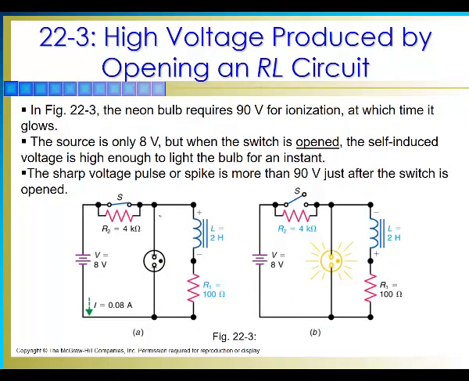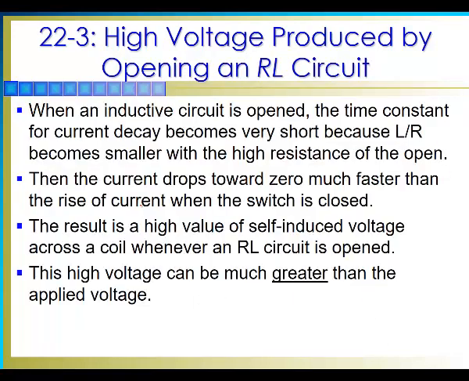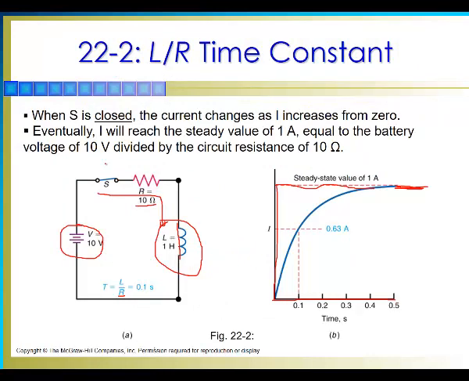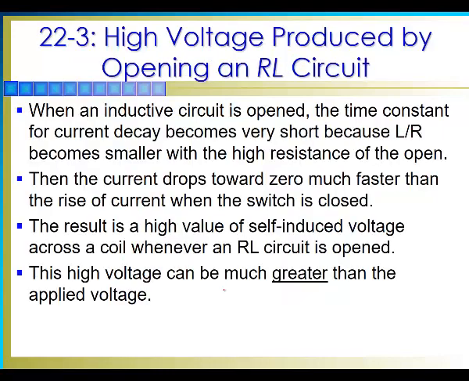So when we close the circuit, it will take this long for this to get all the way to 1, and then it will remain there. Okay, and the time constant is 0.1 second because the resistance is only 10. So when we divide 1 Henry by 10 ohms, you get 0.1 second.